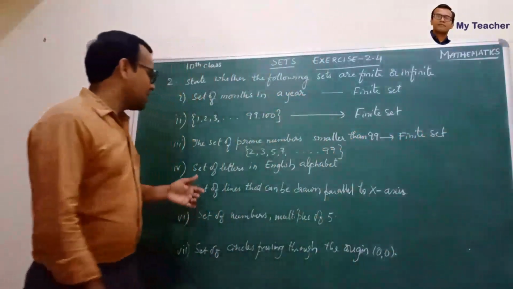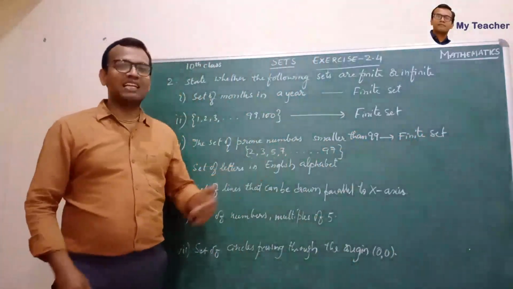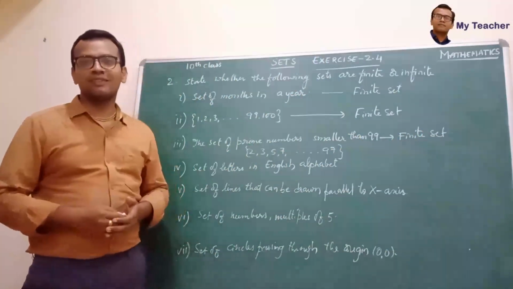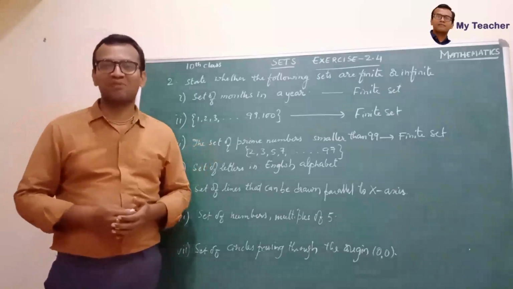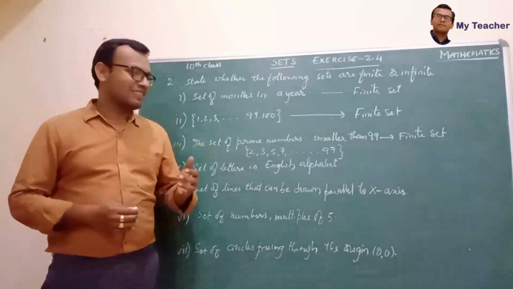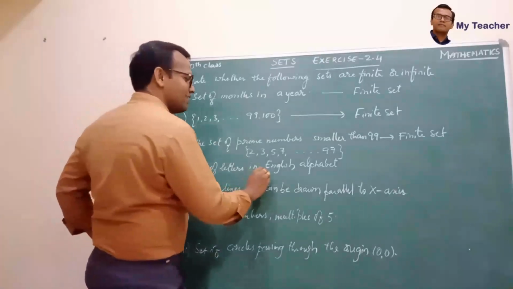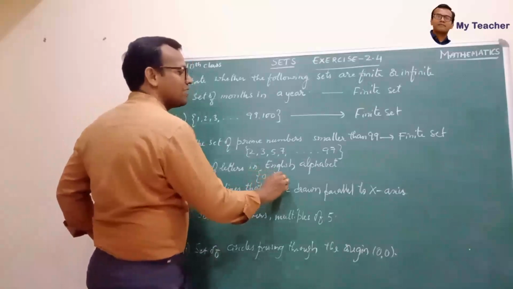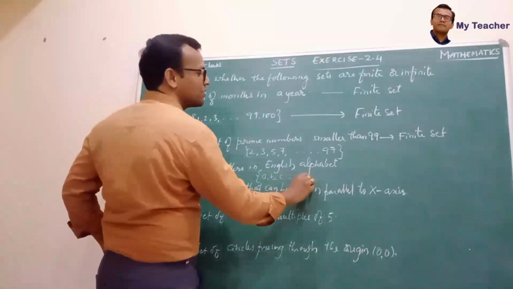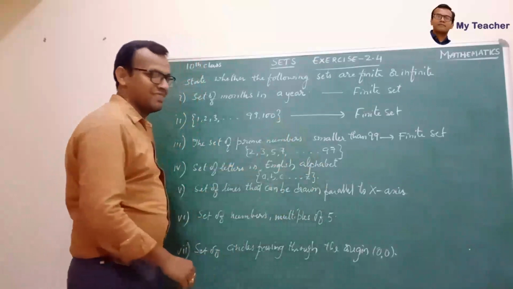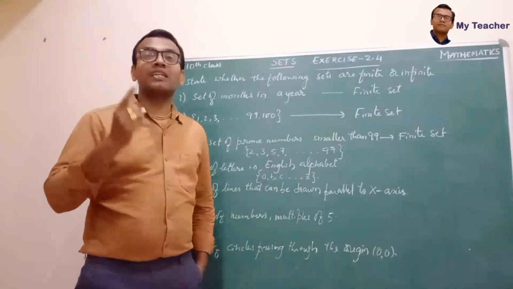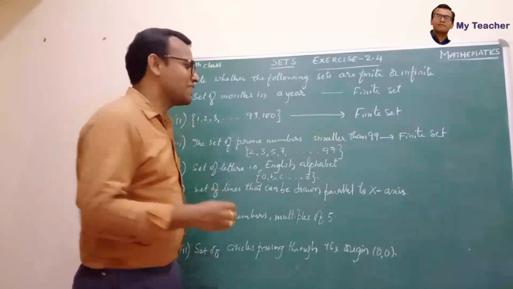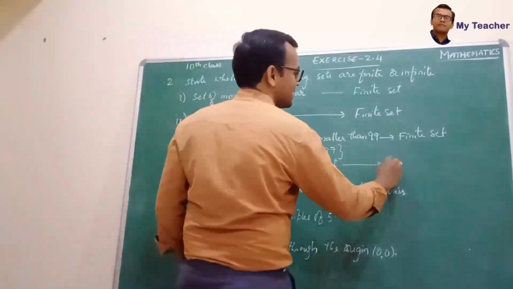Yes. Set of letters in the English alphabet. Yes, there are a finite number of alphabets. There are not infinite alphabets present in the English language. So what are they? Set of A, B, C, and so on up to X, Y, Z. So there are 26 letters. So we are able to find the number of elements in it. So it becomes a finite set.